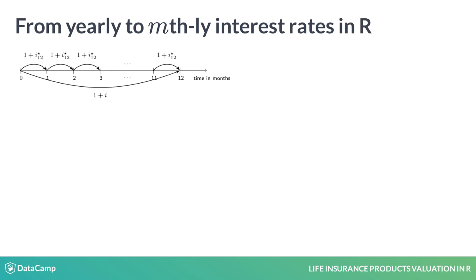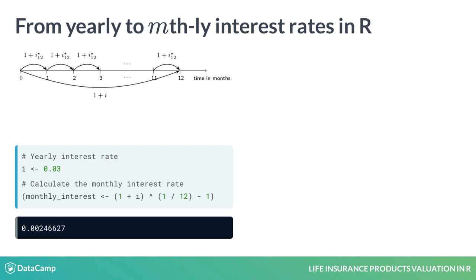Let's start from a given interest rate of 3% per year. You obtain the monthly interest with the transformation derived earlier. Here, a yearly interest of 3% is equivalent to a monthly interest of 0.2466%.